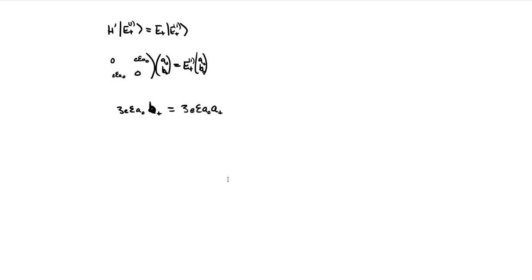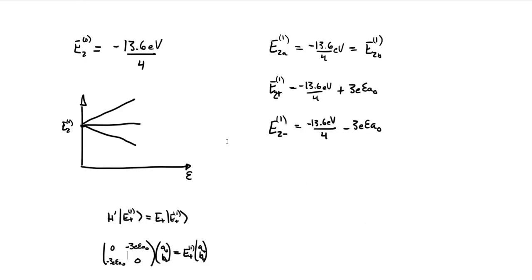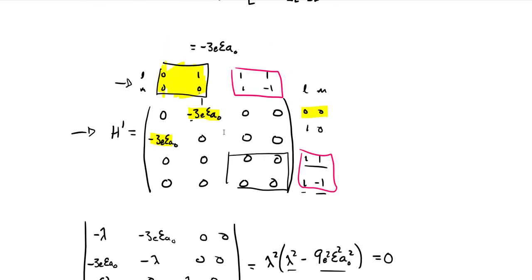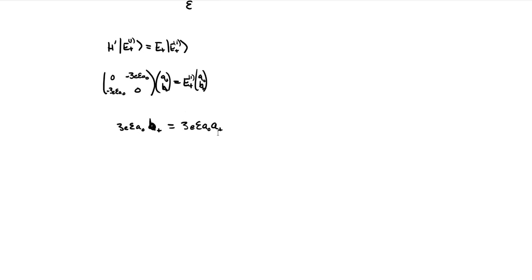These are minus 3. I'm writing the perturbation matrix. So these are negative. The eigenenergy we're looking at is positive. So this first line of the equation gives us that negative B plus is equal to that A plus. And then normalization tells us that these are going to have magnitude of 1/√2.